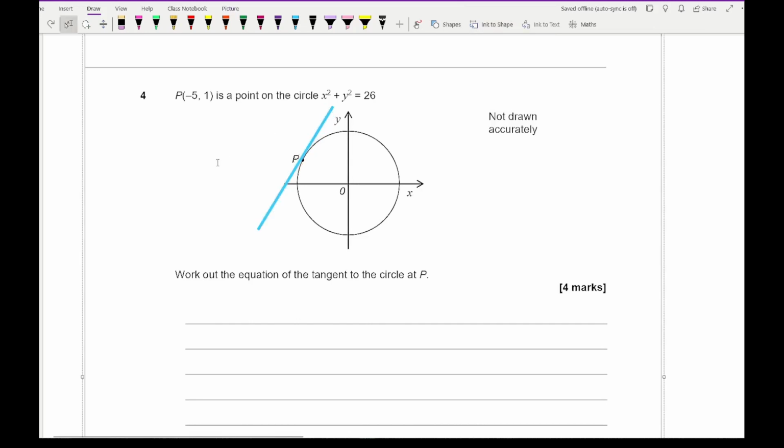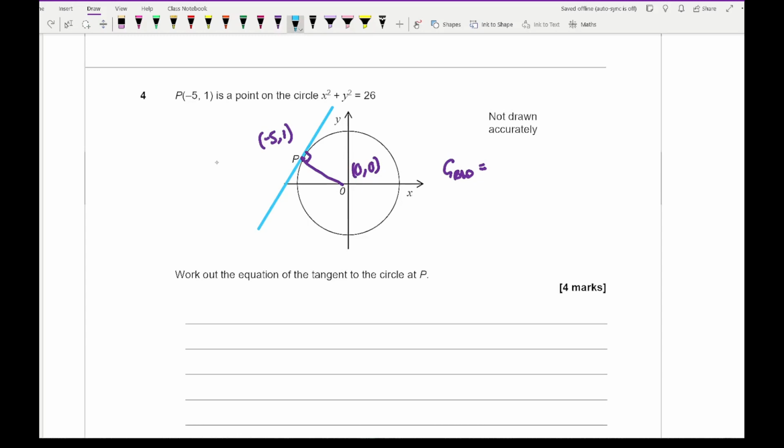So what I need to do first is work out what the gradient of that line is going to be. Now, as I mentioned, the gradient of the radius, grad equals, and again my 2 points are 0, 0, and minus 5, 1.